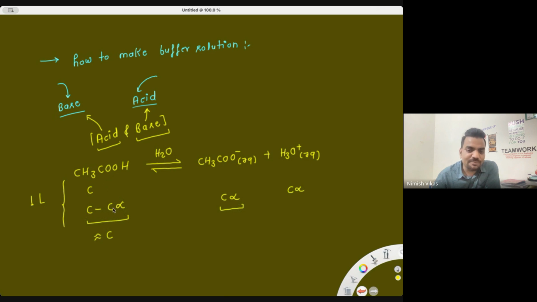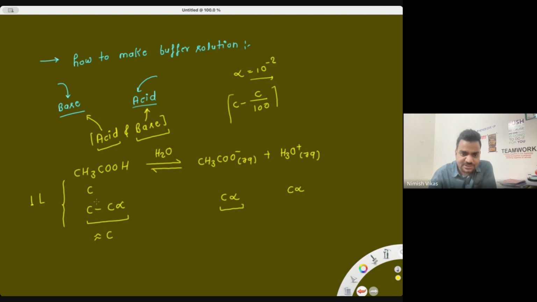It will dissociate 1% or 2%. If it is dissociating 1%, then alpha will be 10 raised to the power minus 2, means 100 times. So C alpha will be C upon 100. So if you see, this number will be almost C.